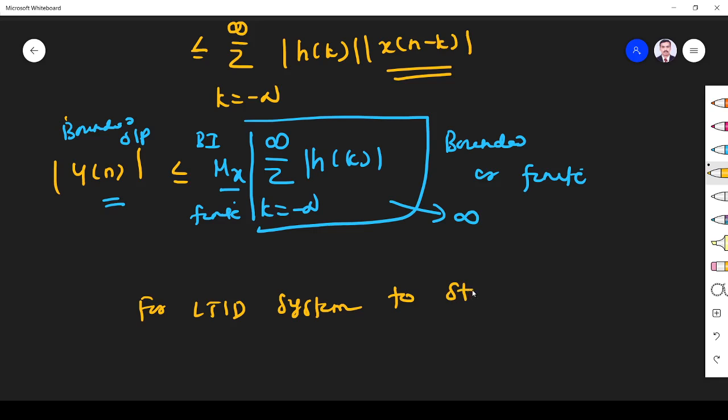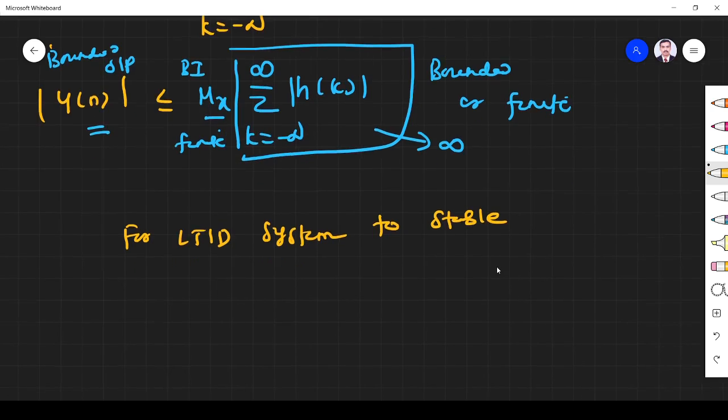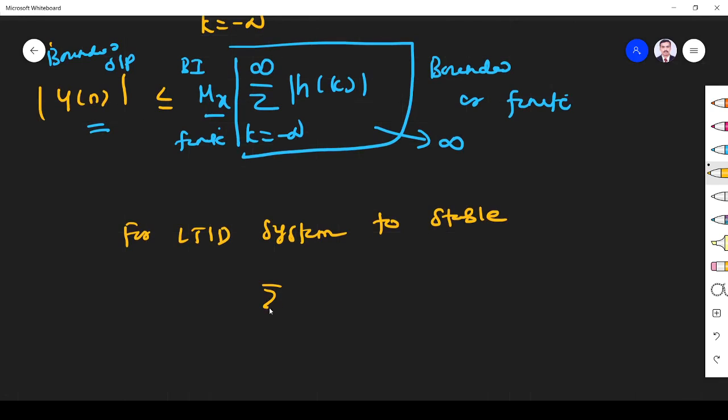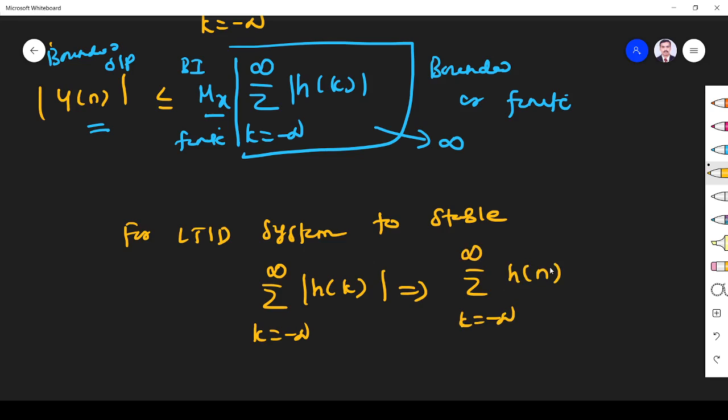the condition is: summation k goes to minus infinity to plus infinity of h of k should be absolutely summable. This I can write, instead of k, as some n, so n goes to minus infinity to plus infinity.